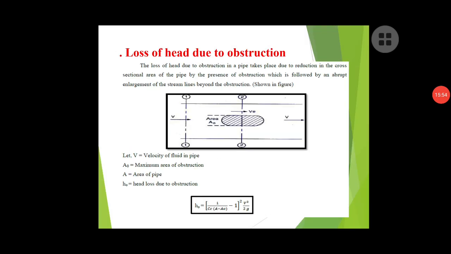Next is loss of head due to obstruction, the last one. Consider a pipe with an obstruction of maximum area A0, where A is the area of the pipe.